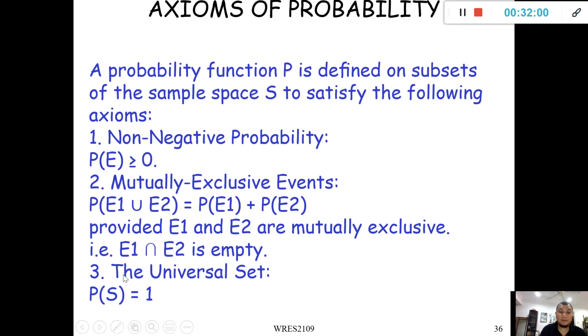So the probability of event 1 union event 2 is equal to P of event 1 plus P of event 2, provided E1 and E2 are mutually exclusive, meaning E1 intersect E2 is empty. E1 and E2 do not intersect with each other. Third, the probability of the universal set S is equal to 1.